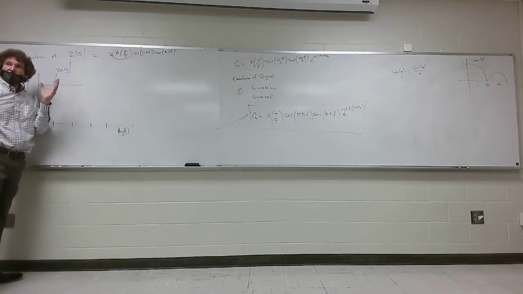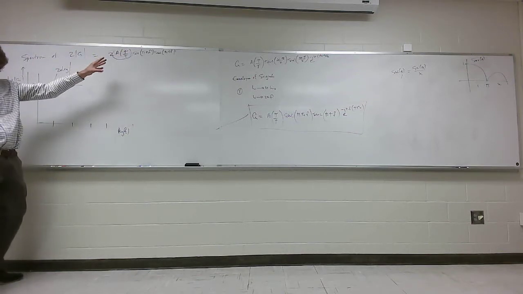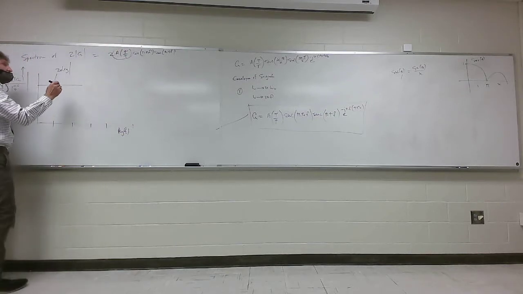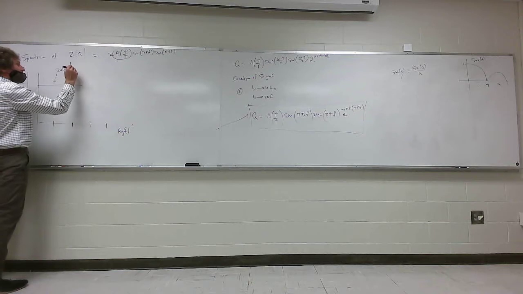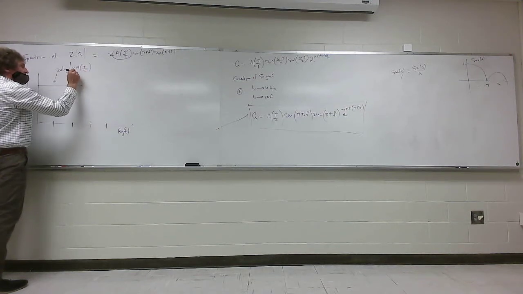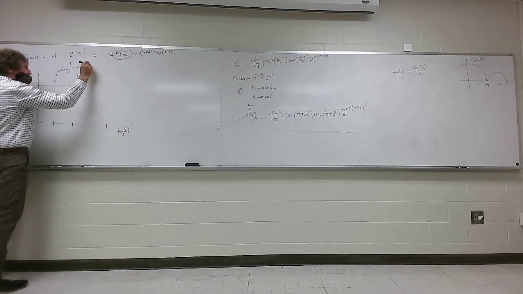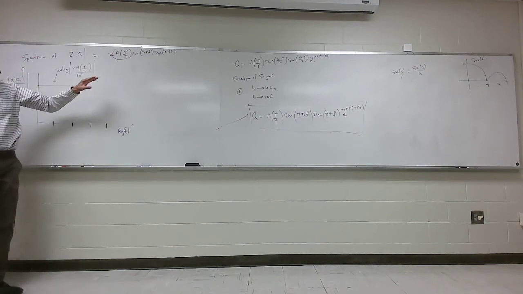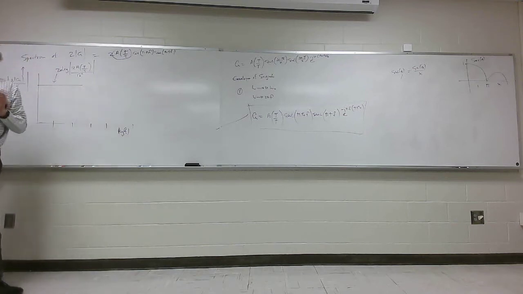Remember, if you take log A times B, it's log A plus log B. So we're going to take a log of this, but that first part will be 20 times the log of 2A times the duty cycle divided by 10 to the minus 6. Do y'all follow me? That's just the log of this part right there. And then it takes the magnitude of that divided by 10 to the minus 6 because it's dB microvolts. Follow me on this stuff? You'll see it'll make sense.